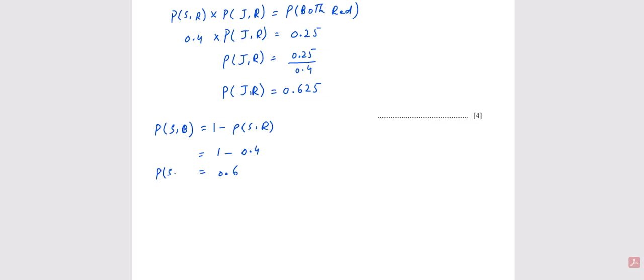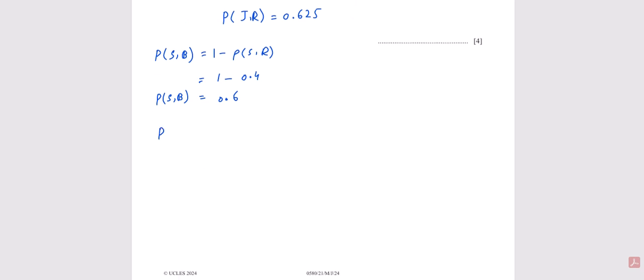Probability of Jen picking the blue counter is equal to 1 minus the probability of Jen picking the red counter. So 1 minus 0.625, the remaining is 0.375.